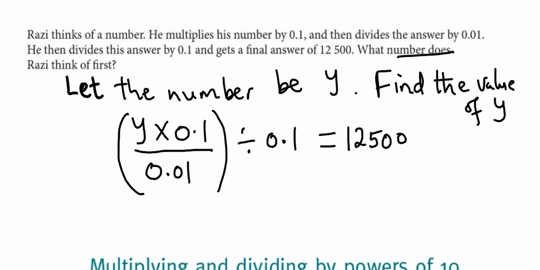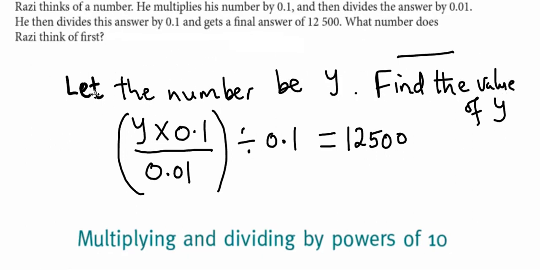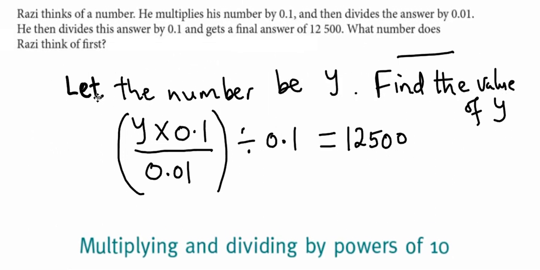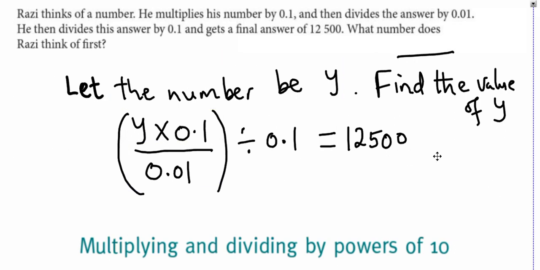Let us see how do we do this. Okay. So this is the question. Y times 0.1 divided by 0.01, again divided by 0.1. The answer is 12,500.